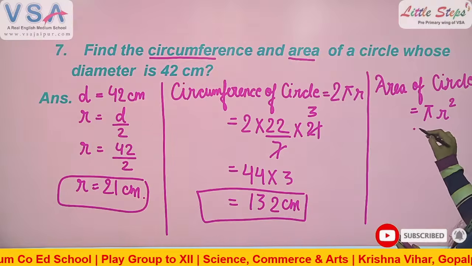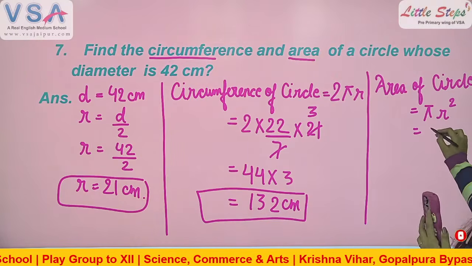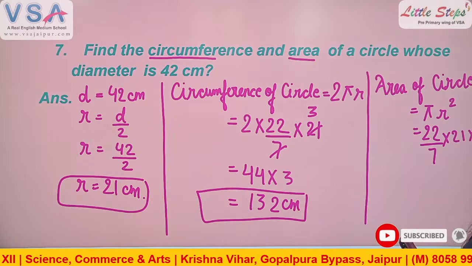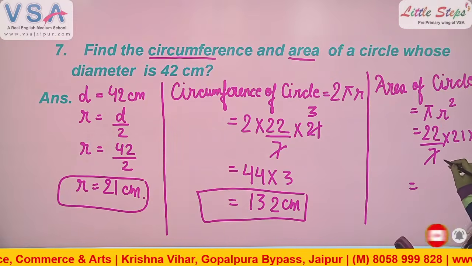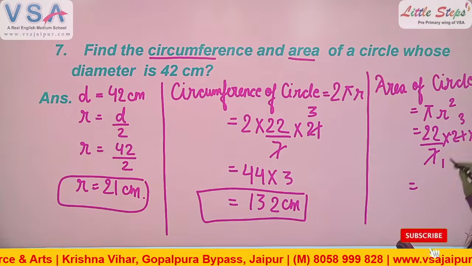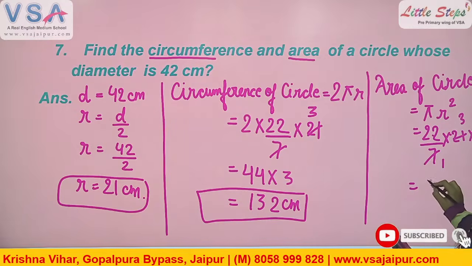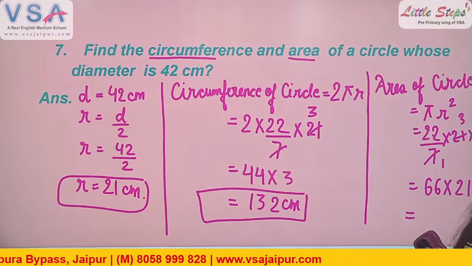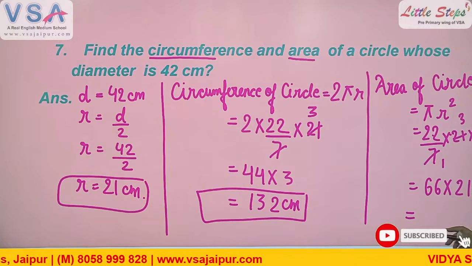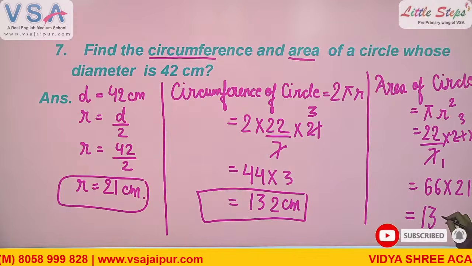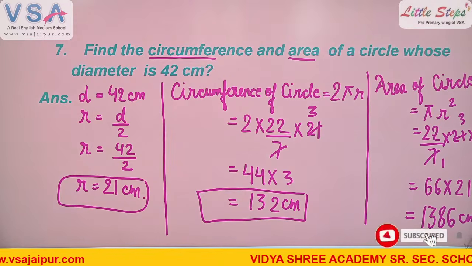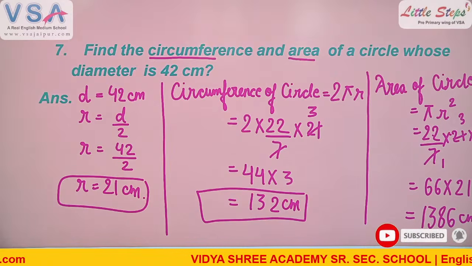Pi r square: 22 upon 7 multiply 21 multiply 21. Again we cancel 7 and 21, 3 times. 22 threes are 66. And we have to multiply 66 by 21. What do we have? 1386 centimeter square is the answer for the area of circle.